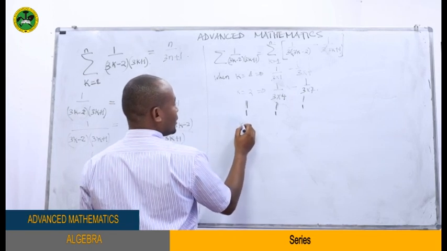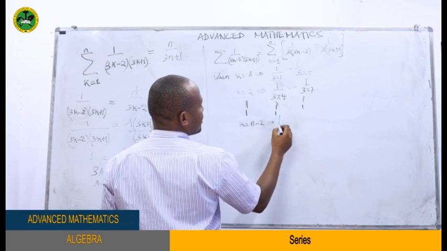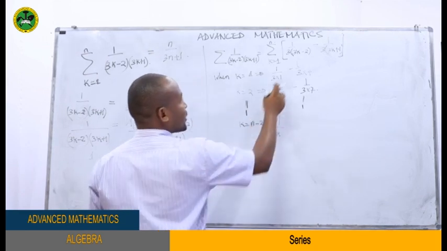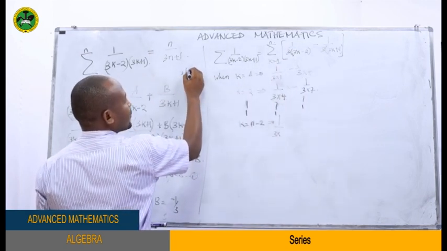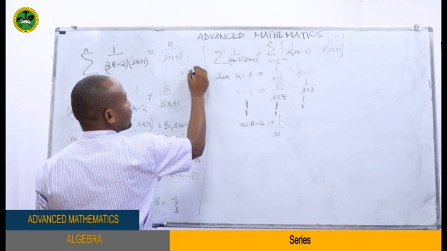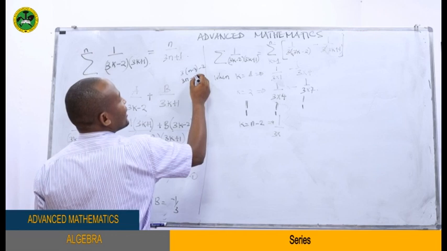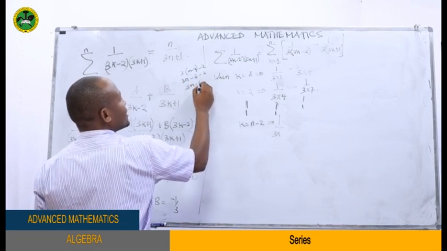When k is equal to n minus 2, it will be equal to what? So we have 3 times what? Putting there, it will be 3 times n minus 2, minus 2. Then we have 3n minus 6 minus 2. So we have 3n minus 8.